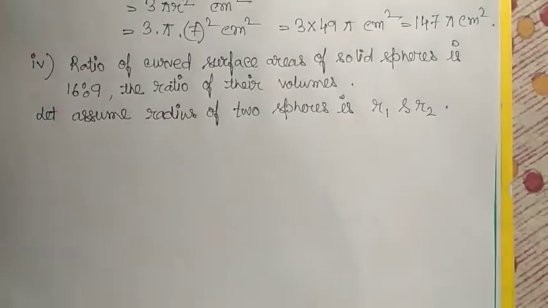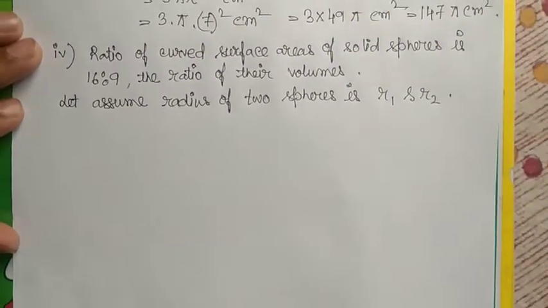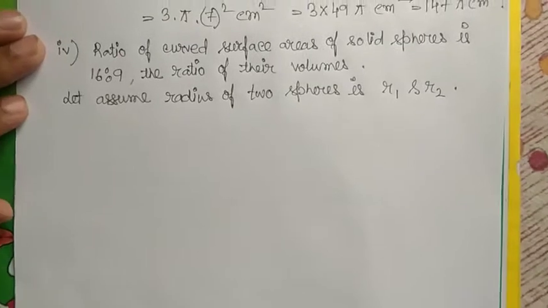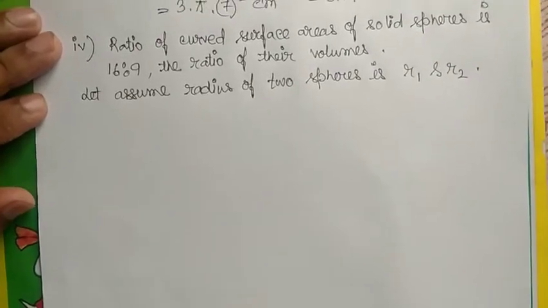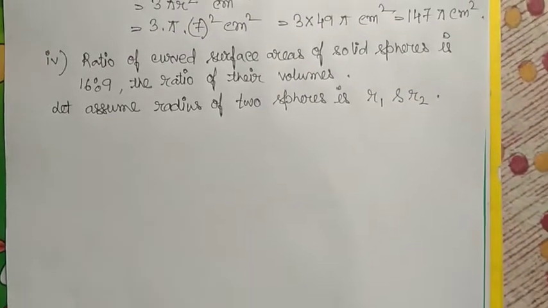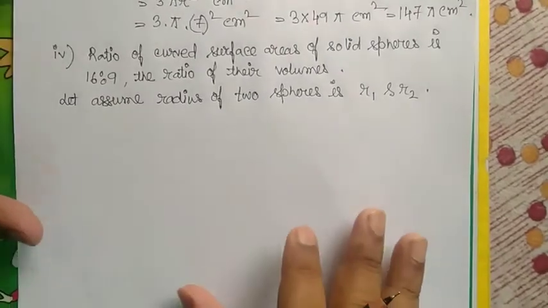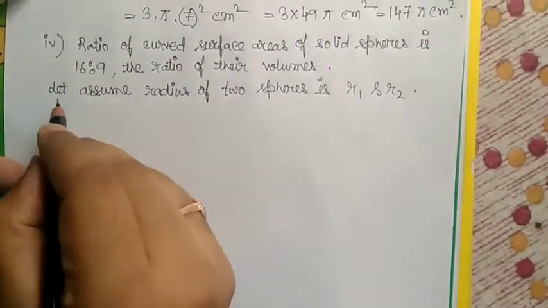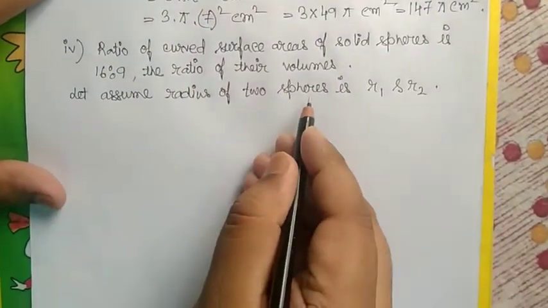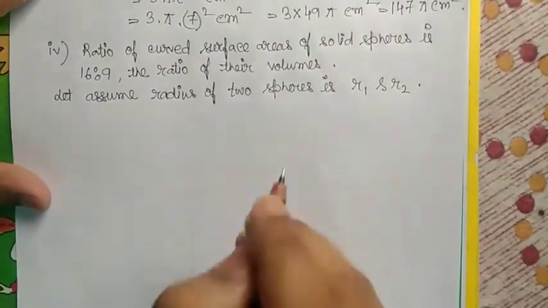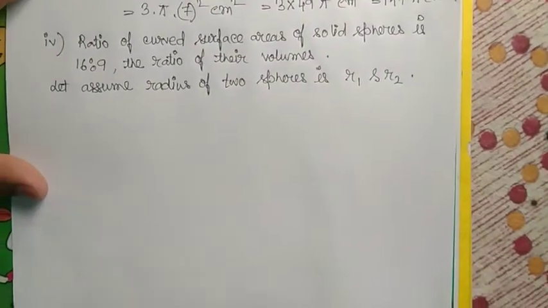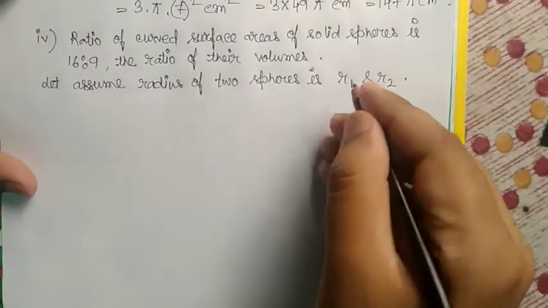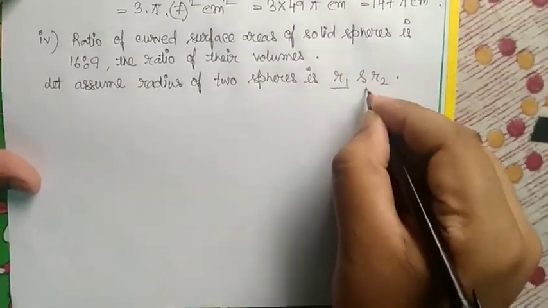This is sum number 4. If the ratio of curved surface areas of two solid spheres is 16:9, then we have to find the ratio of their volumes. Same as sum number 15 part 2, first of all we have to assume the radii of the two different spheres: the first one is r1 and the second one is r2.